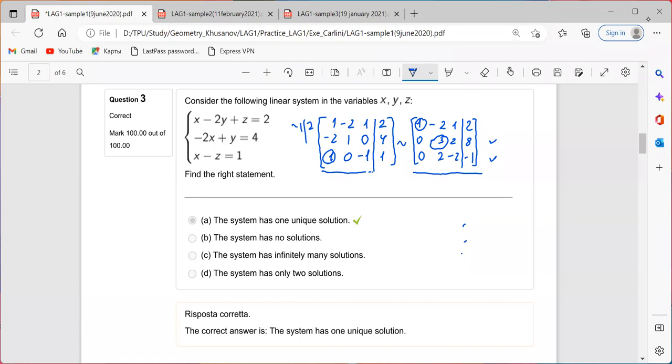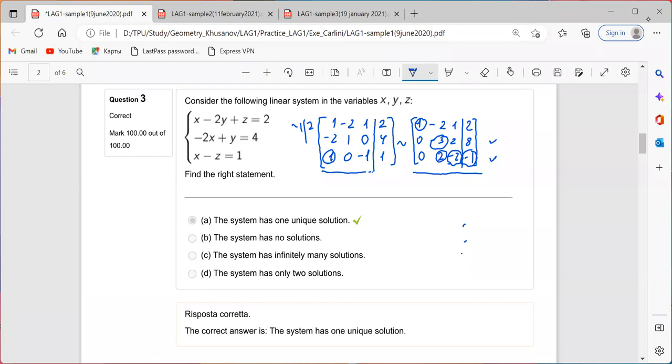Suppose we continue this process. If you continue this process, here you will obtain 0. Here you will obtain some kind of number. I don't know which number will be here, but here will be 0. If we continue this process, you will obtain such a matrix.